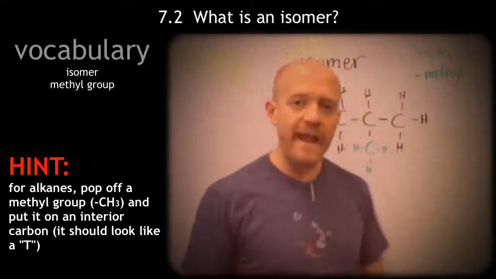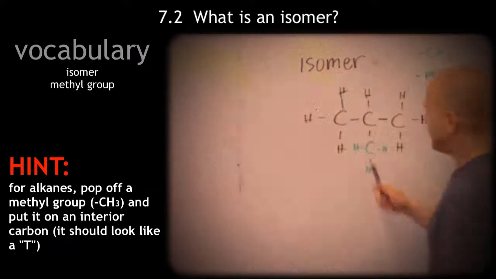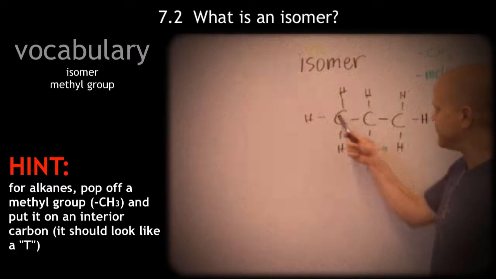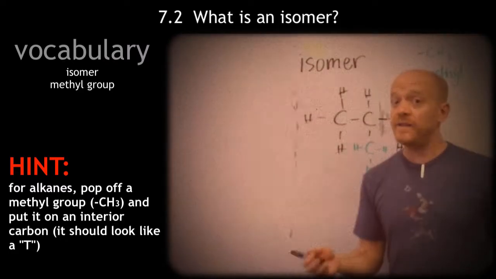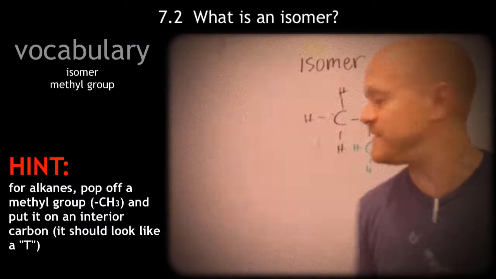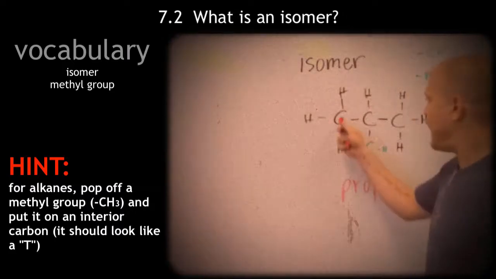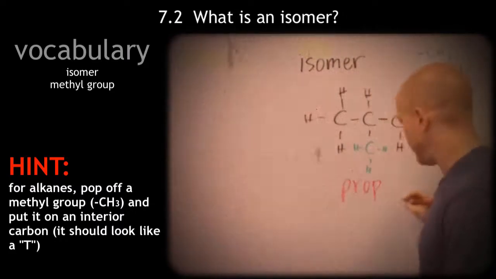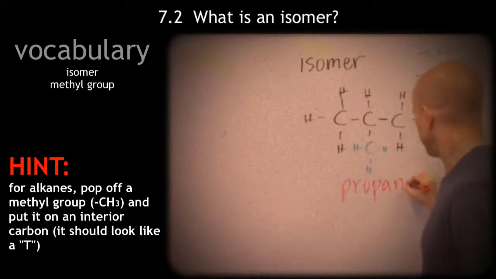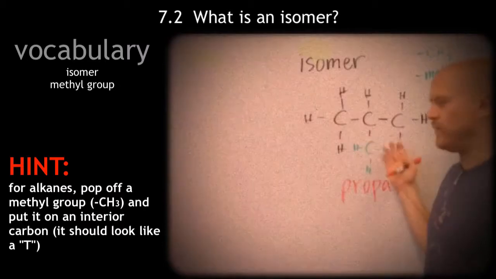Now, when we name these, we want to figure out the longest backbone. Right now I have 1, 2, 3 carbons either way, so we know that our prefix has to be prop. And because they're all single bonds, it is going to be propane. But we got to talk about what we have here on carbon 2.